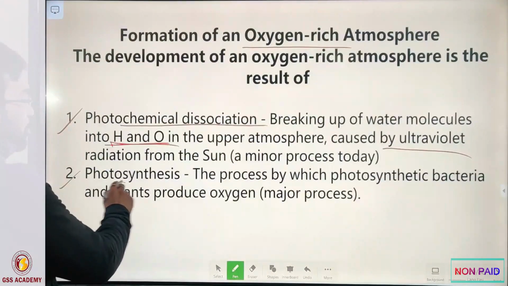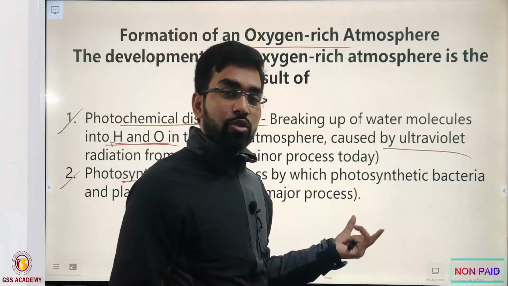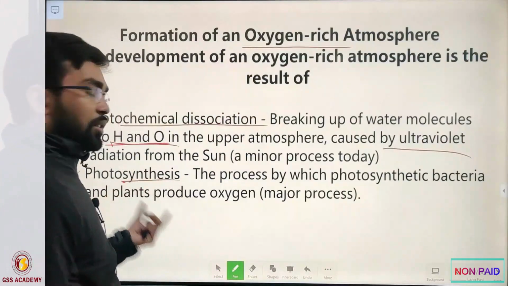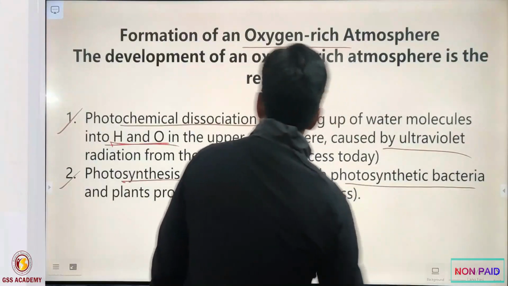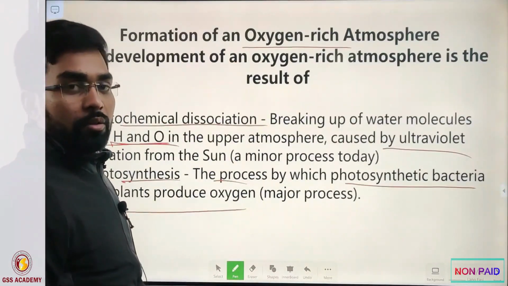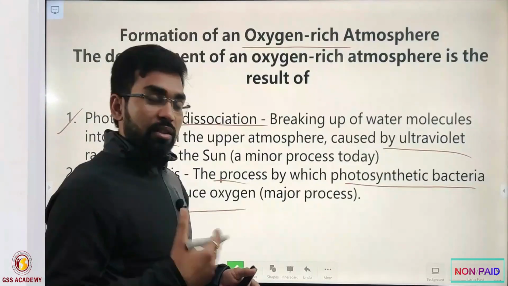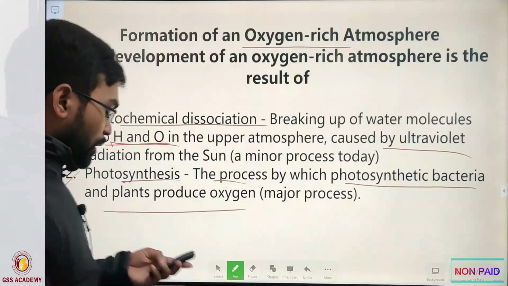The second one is photosynthesis. This is the major and drastic change that took place at that time, the process by which photosynthetic bacteria and plants produce oxygen. One of the major examples is the cyanobacteria, which is responsible for the oxygen in the atmosphere.